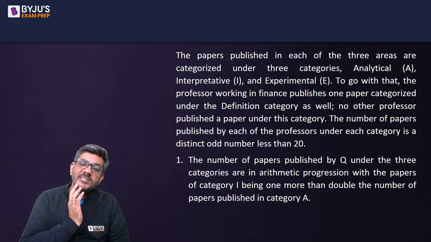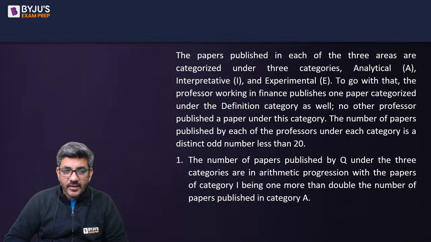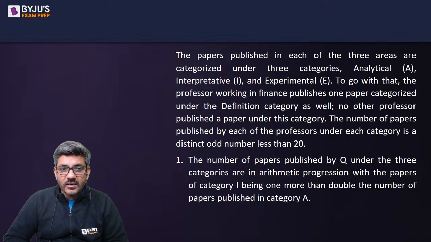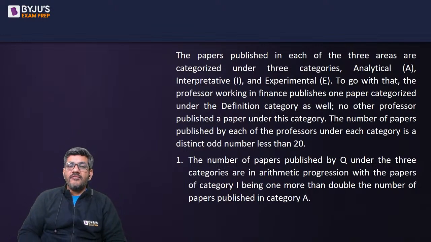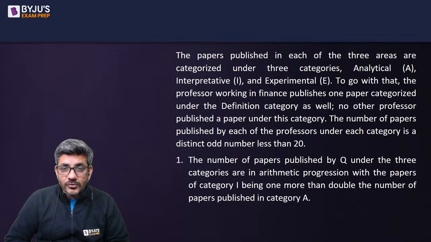The papers published in each of the three areas are categorized under three categories, that is analytical, interpretive, and experimental. To go with that, the professor working in finance publishes one paper categorized under the definition category as well. No other professor published a paper under this category. So out of the 100 projects, one of them is in the definition category under finance.